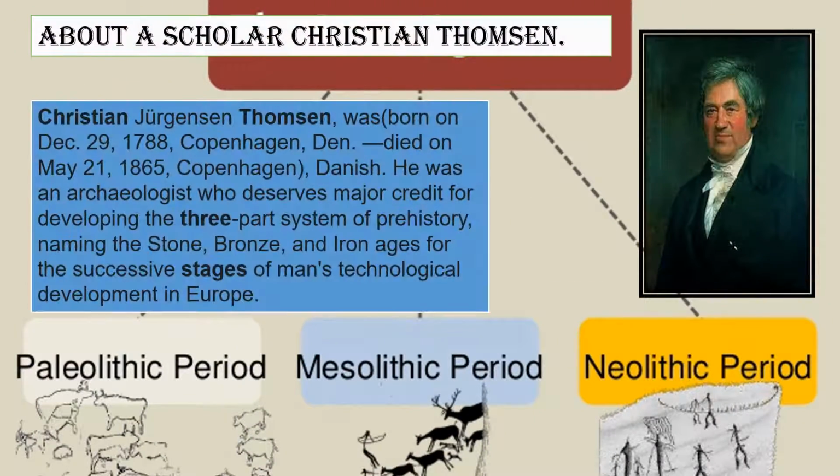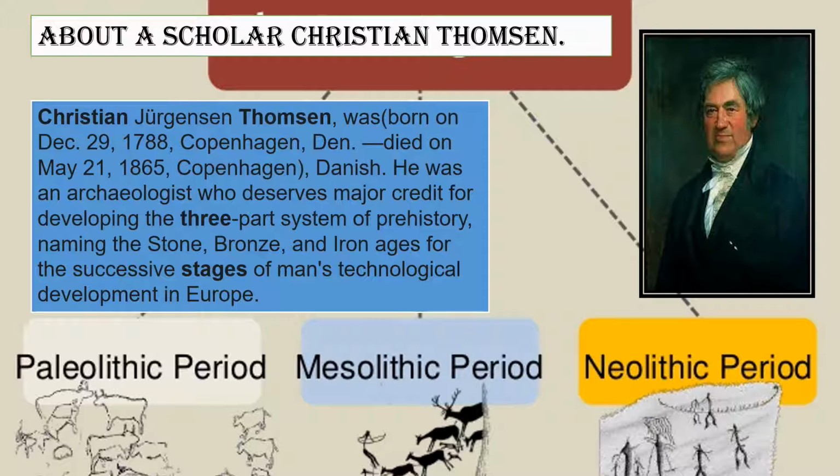Let's learn about the scholar Christian Thompson. Christian Jurgensen Thompson was born on December 29, 1788, in Copenhagen, Denmark, and died on May 21, 1865, in Copenhagen.